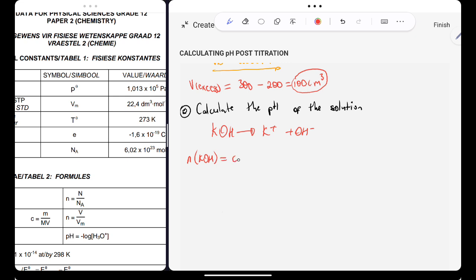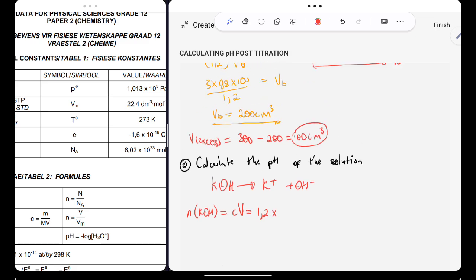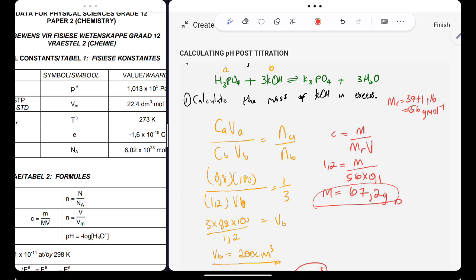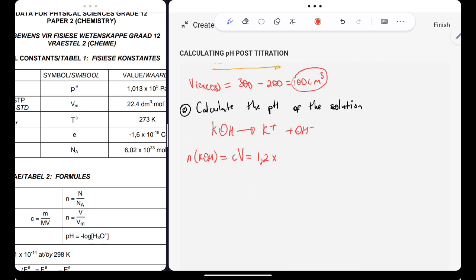I'm just going to say concentration multiplied by the volume which is in excess. So the concentration, remember, is 1.2. The excess volume is 100 cubic centimeters, right? So this is 0.12 moles.